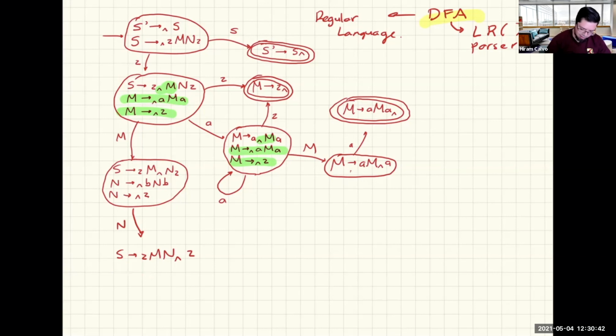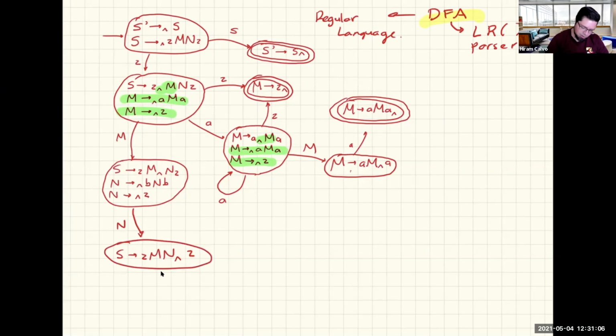We don't need to add this one because we are just moving with N. So that's it. We move with N, and that's it. We don't need to add any more because we don't have anything to expand here. So that's it. We are done with this one.